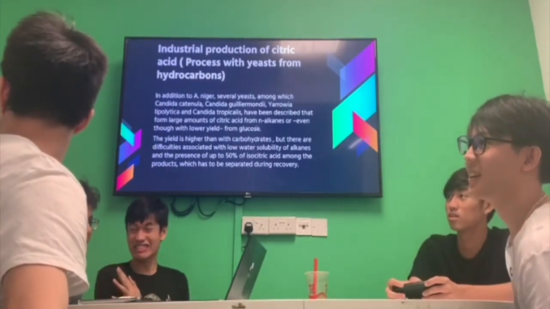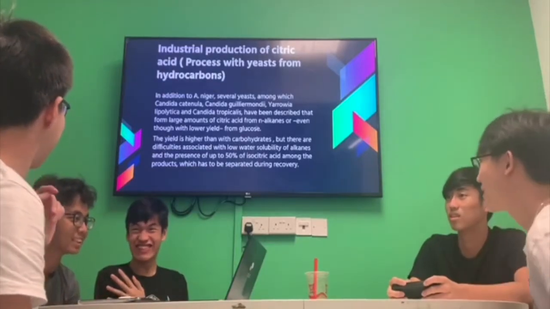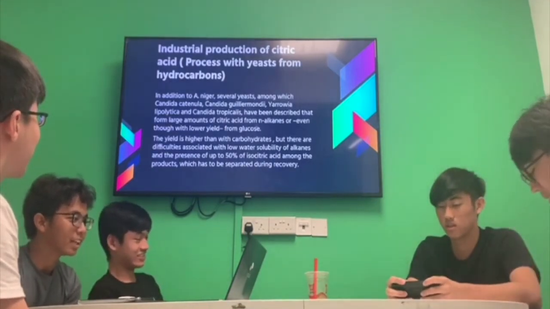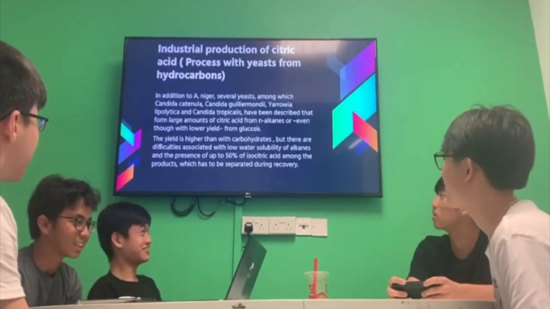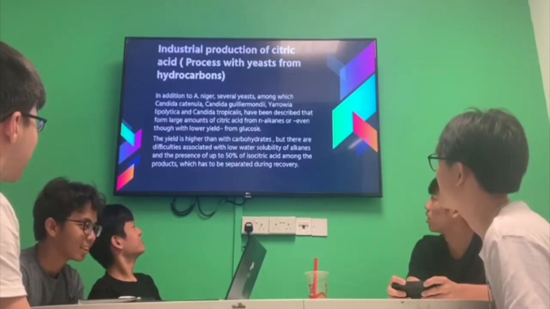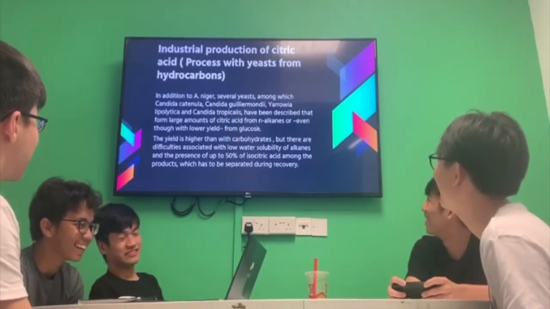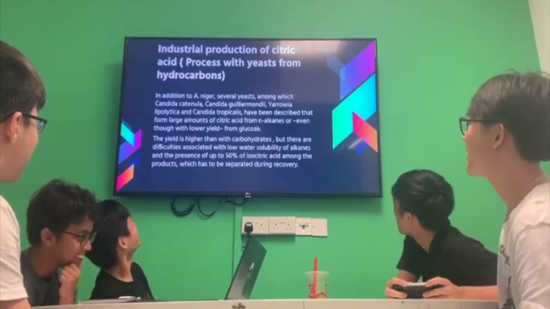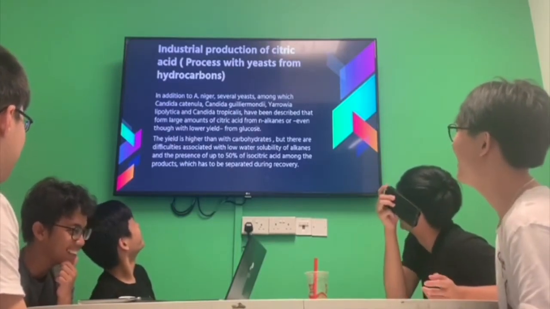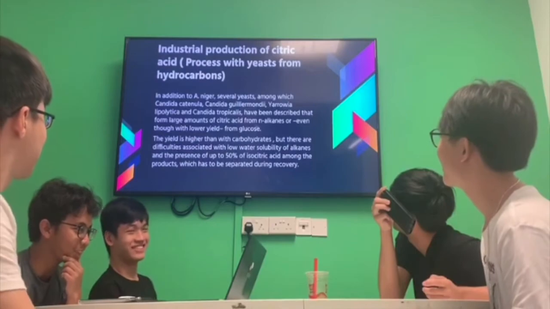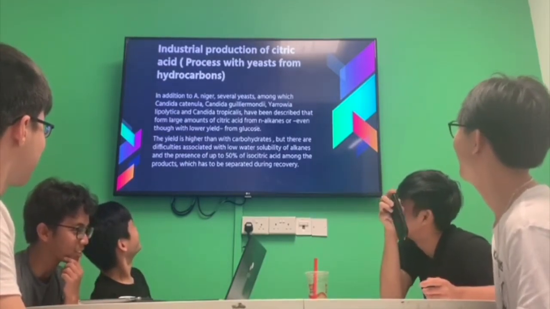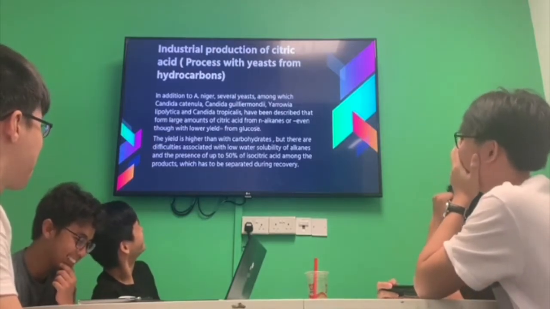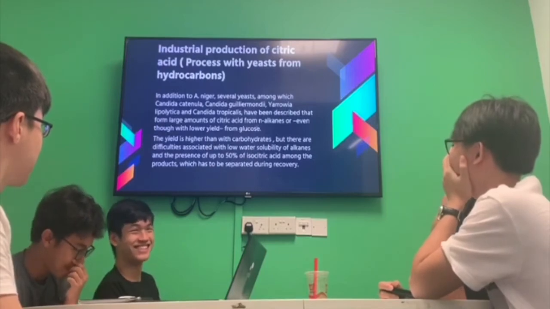Next we're going to be talking about the industrial production of citric acid by process with yeast from hydrocarbons. In addition to A. niger, several yeasts, among which Candida cannula, Candida guilliermondii, Yarrowia lipolytica, and others, have been described that form large amounts of citric acid from n-alkanes, or even at lower yield from glucose.